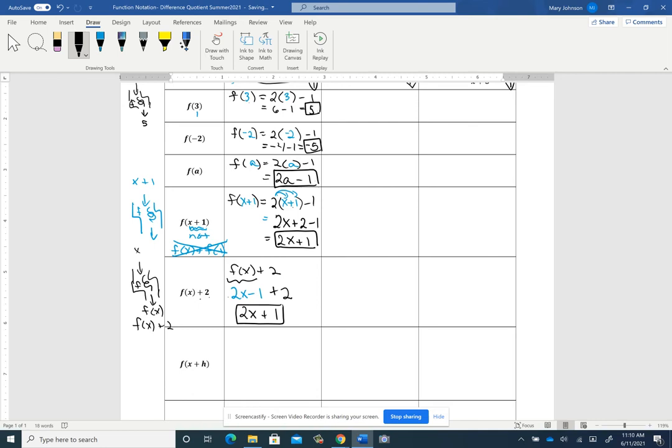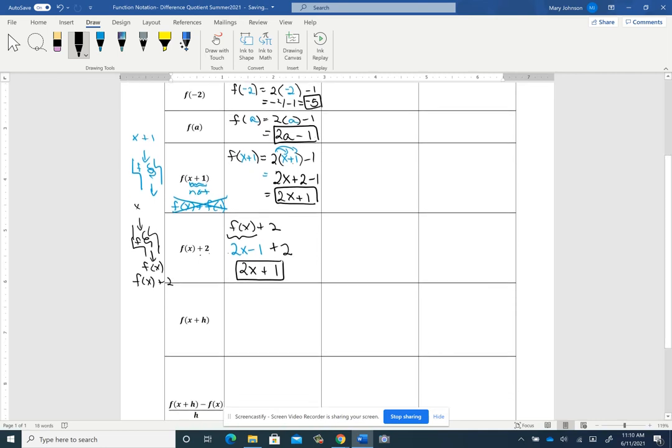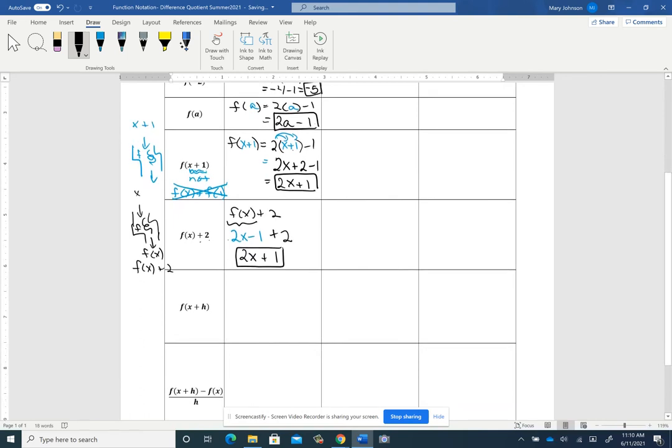All right, and then this one, f of x plus h, is most similar to f of x plus 1. x plus h is inside the parentheses, so it's your input to the f function. So when you do f of x plus h, you should get 2 times your input minus 1.